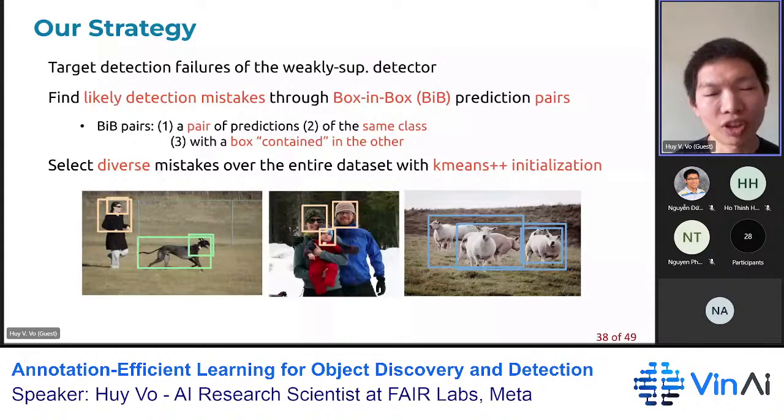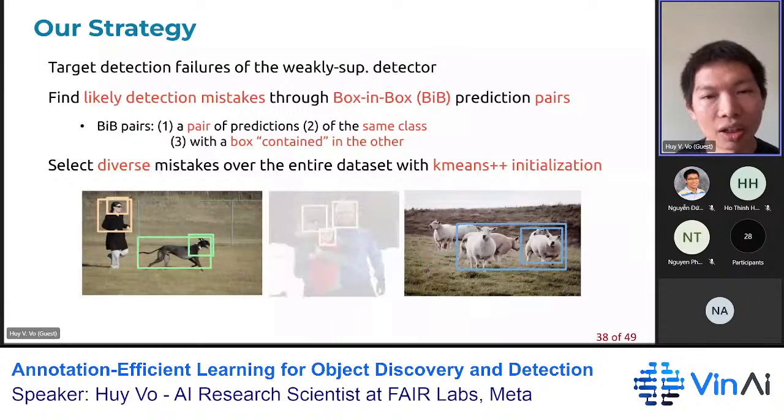So we propose to use this as an indication of the model's failure. And concretely, we define pairs of predictions of the detector where one is contained in the other as box-in-box predictions, or BIB pairs. And we use the presence of these pairs as an indicator of the model's failure. So we find images that contain these pairs, and we select them for annotation.